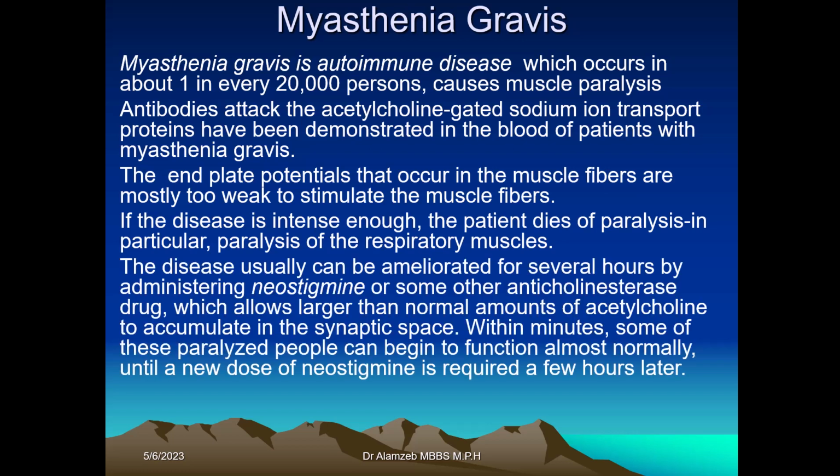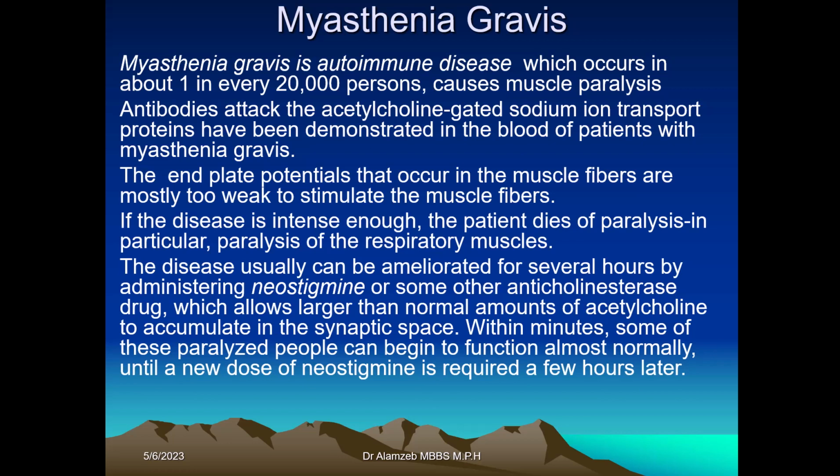The disease usually can be ameliorated for several hours by administration of neostigmine or some other anticholinesterase drug, which allows larger than normal amounts of acetylcholine to accumulate in the synaptic space. Within minutes, some of these paralyzed people can begin to function almost normally until a new dose of neostigmine is required a few hours later.